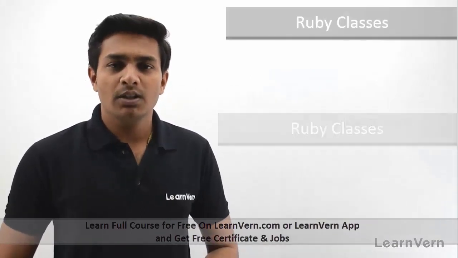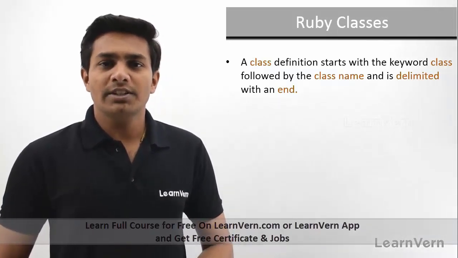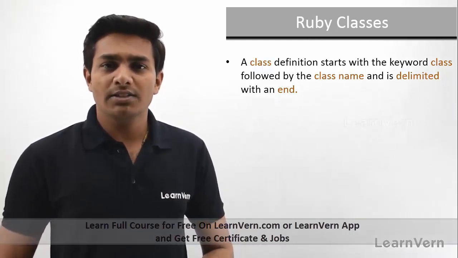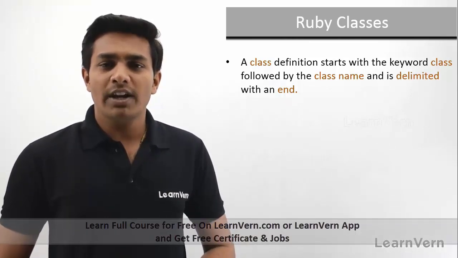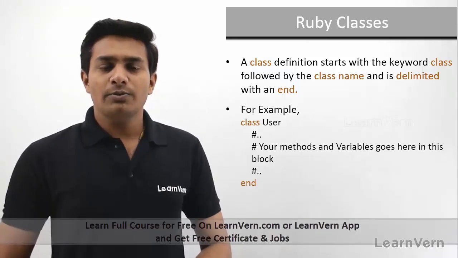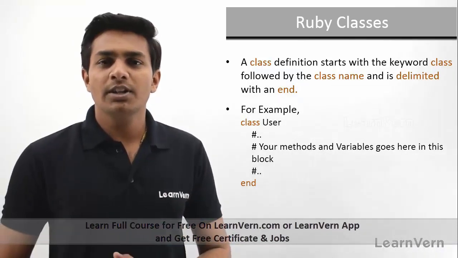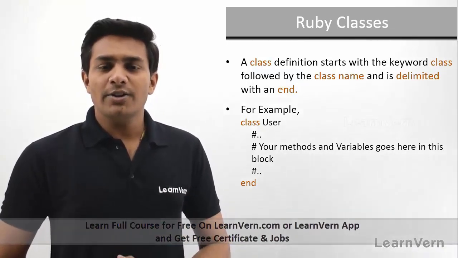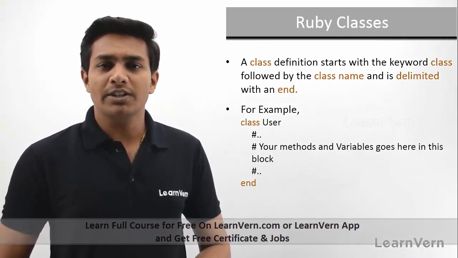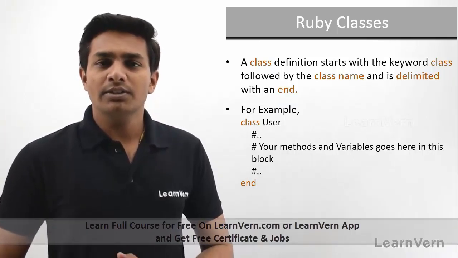Ruby classes. To create a class in Ruby, we need to write one keyword, that is class. Any Ruby class starts with the keyword class followed by the class name, and the class is terminated with the keyword end. For example, if I want to create one User class, here on the screen you can see I have created one User class. I have added the keyword class, my class name, that is User, and the class is terminated with the word end.